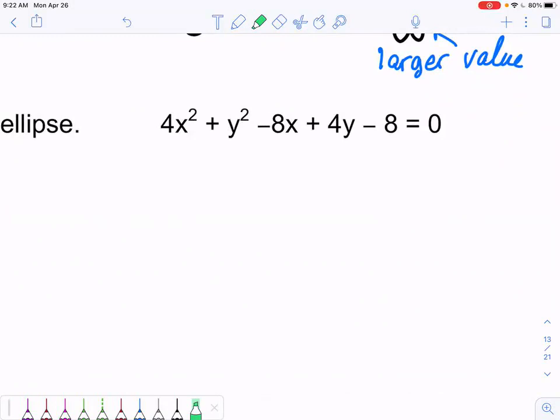Grouping the information together, I'm going to pull my x's together, and my y's, and then take that 8 to the other side.